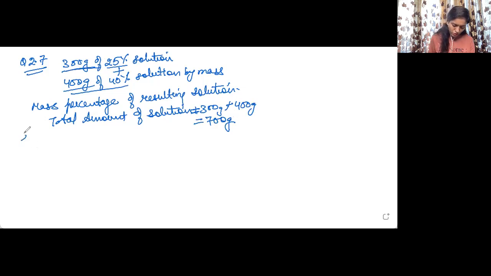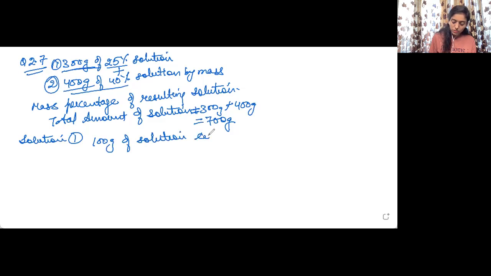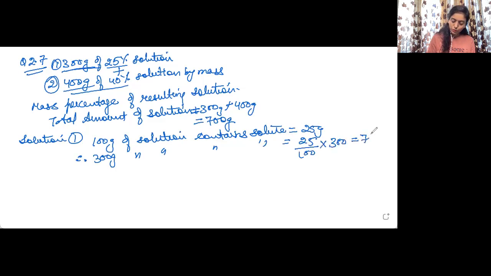Take it as solution 1 and solution 2. 100 gram of solution contains solute equal to 25 gram. Therefore, 300 gram of solution contains solute equal to 25 upon 100 multiplied by 300, equal to 75 gram.